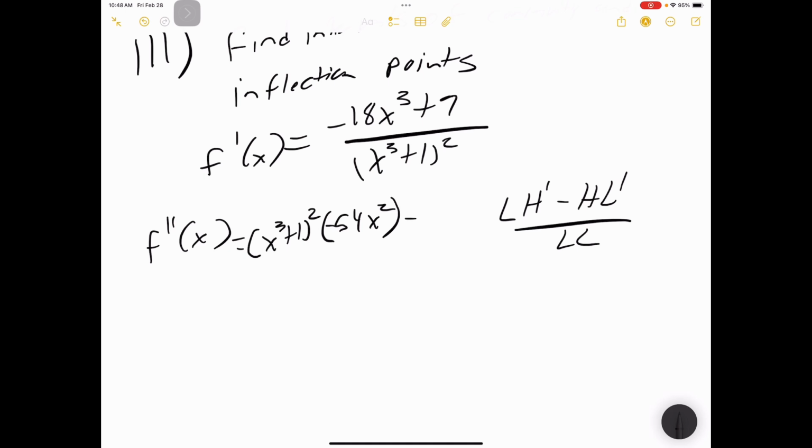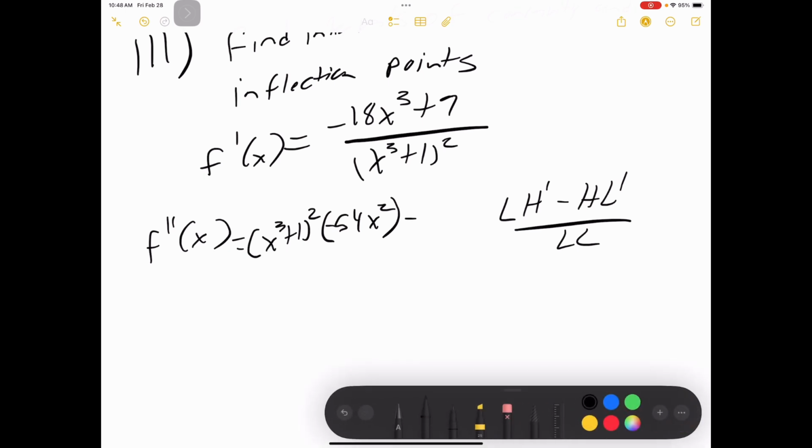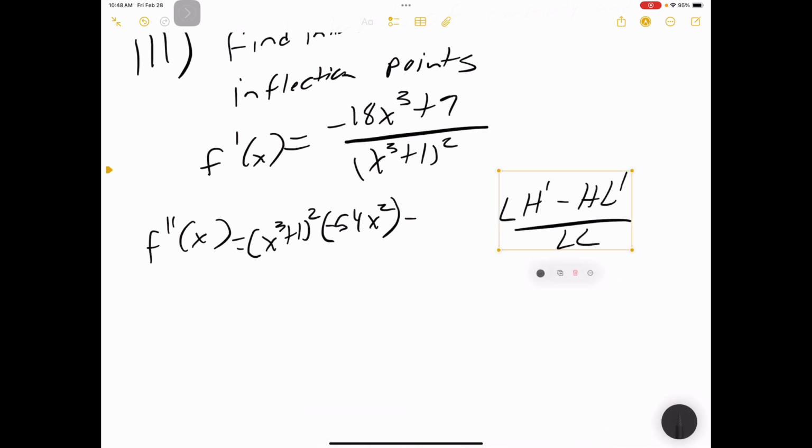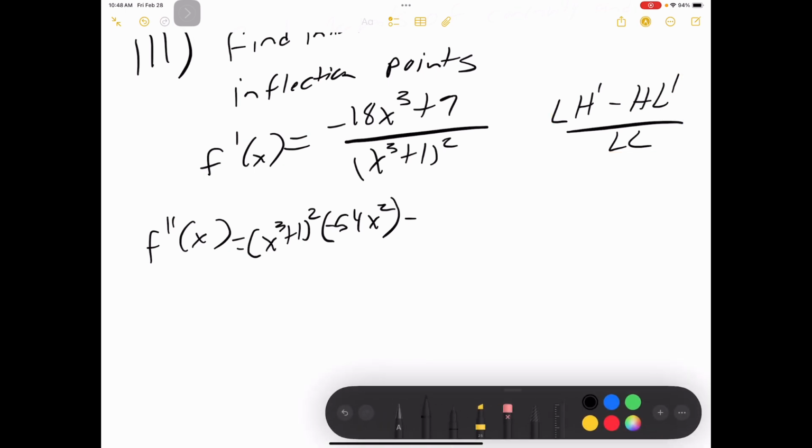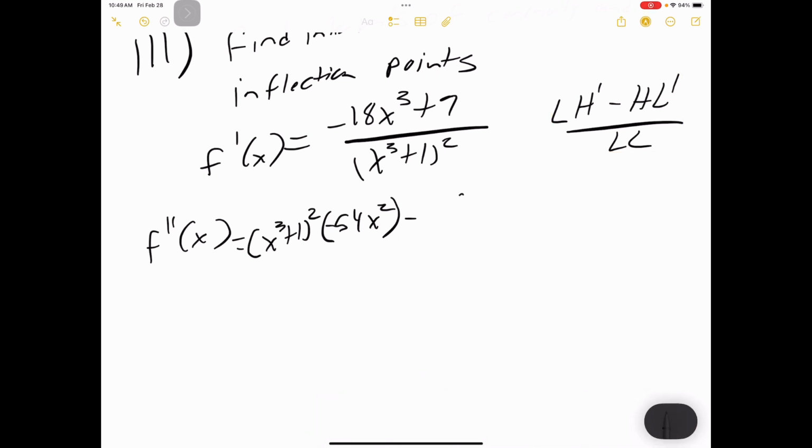minus high d low. I'll move it up, I'll put it right up here. Minus high d low, we're going to have negative 18x cubed plus 9. The derivative of the lower function, this is going to be the chain rule.